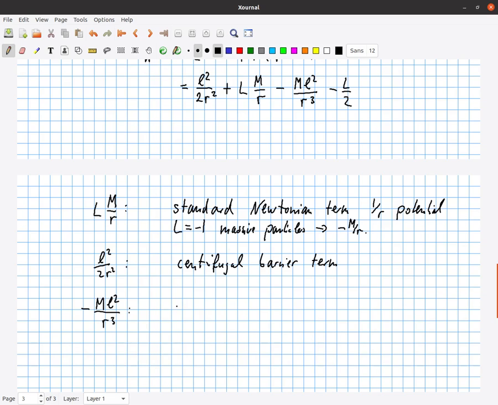And hence, we can really identify this as the new general relativistic term. You can really say this is the correction to the Newtonian problem.